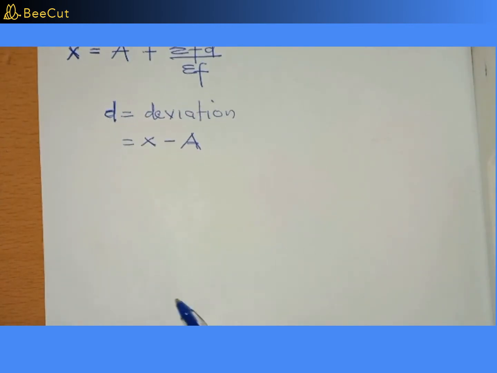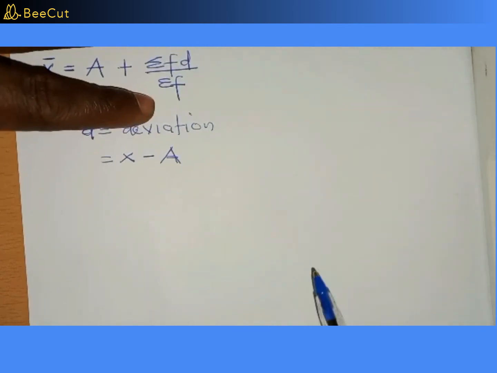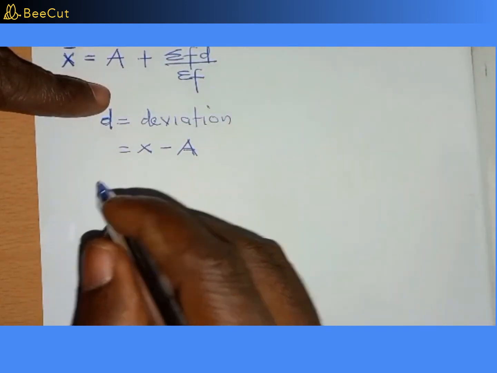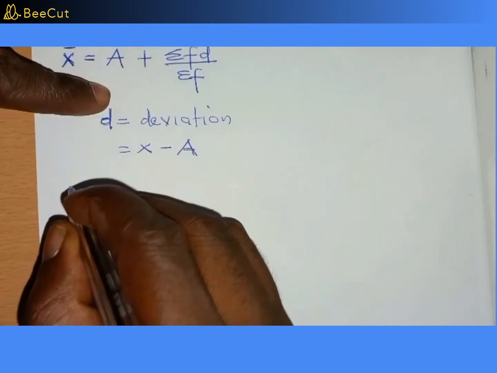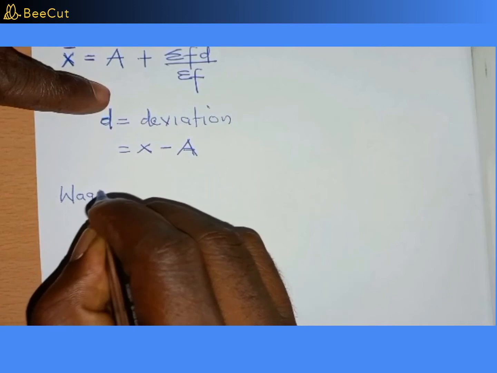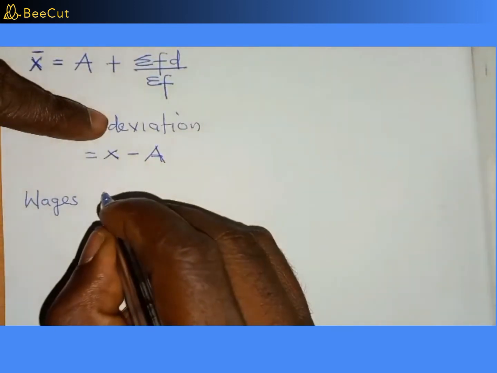Now, let's just say we have a table. Let's take a look at a table like wages and number of workers.